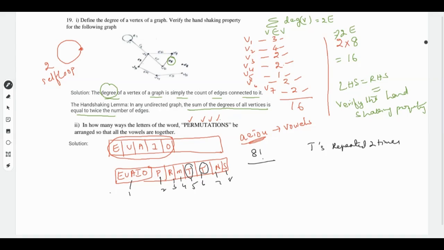So it will be 8 factorial, that is 8 into 7 into 6 into 5 into 4 into 3 into 2 factorial, divided by 2 factorial. The 2 factorial and 2 factorial get cancelled.